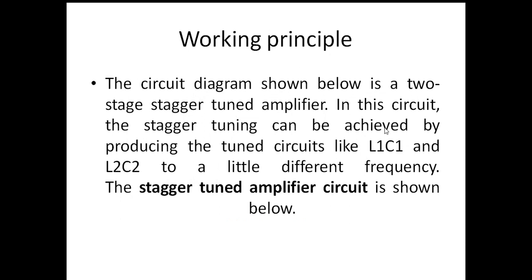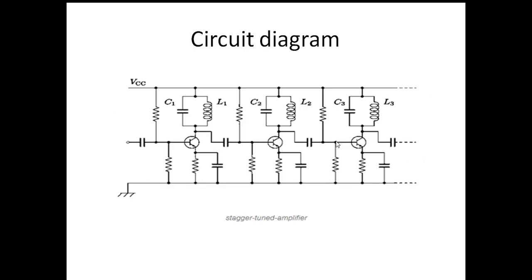Here in this circuit the stagger tuning can be achieved by tuning the circuits L1C1 and L2C2 to a slightly different frequency. This is the stagger tuned amplifier circuit. Here are the two resistors R1, R2. This is the input capacitor, and the input is connected across these two terminals.